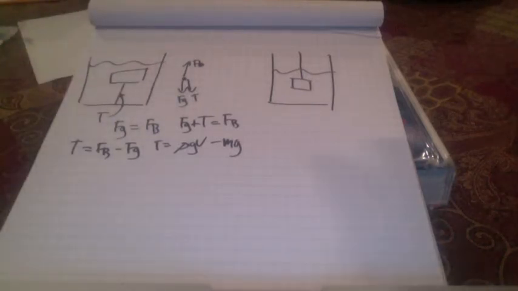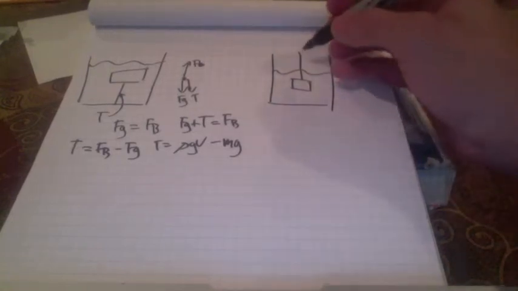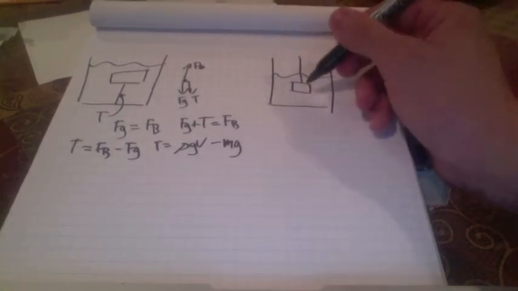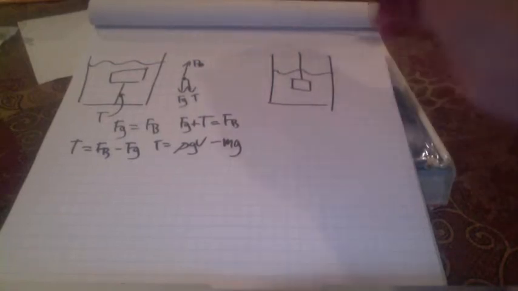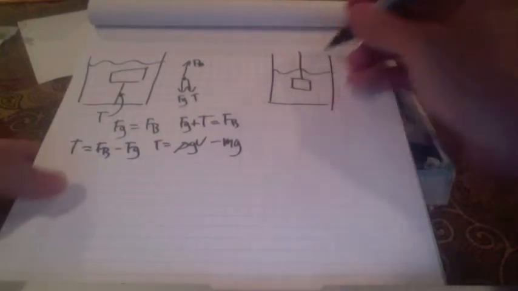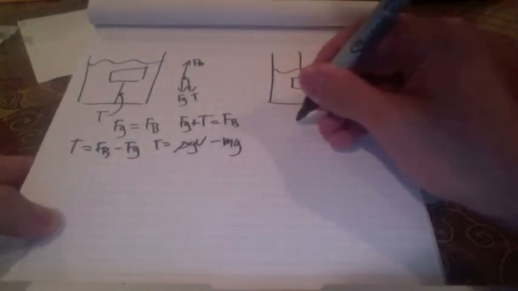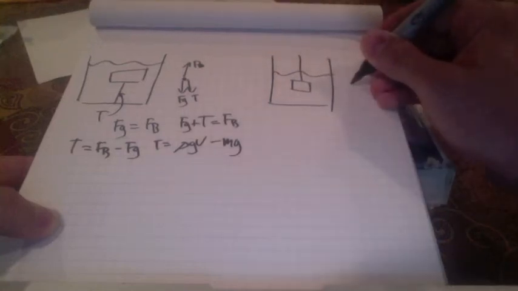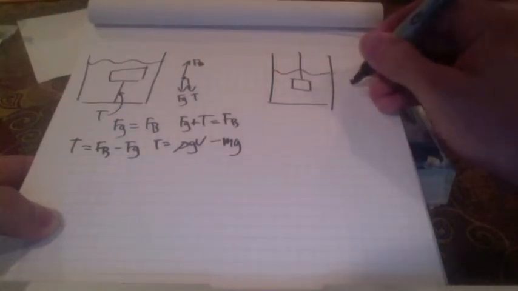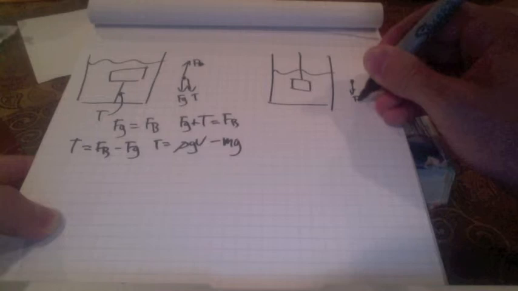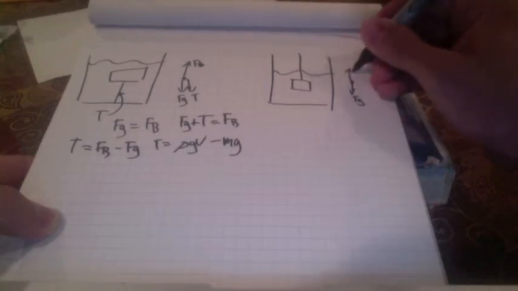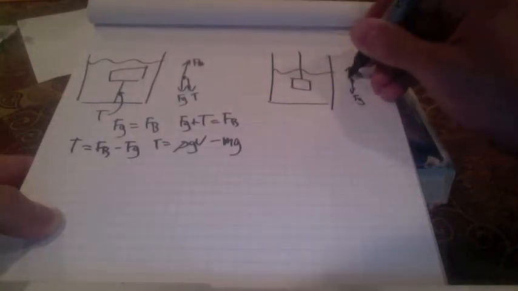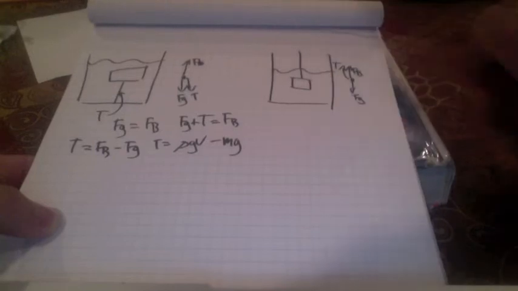And if we look at this situation here, with an object that would not float but is suspended by a string, we can draw another free body diagram. Here's the object. This would be the force of gravity down, the buoyant force up, and the tension also holding it up.